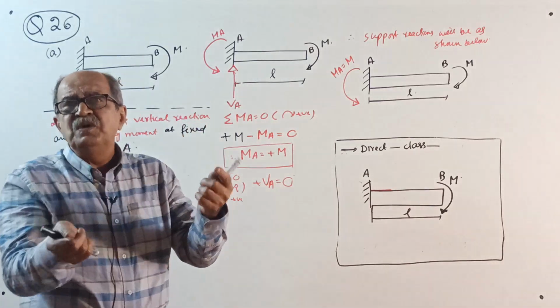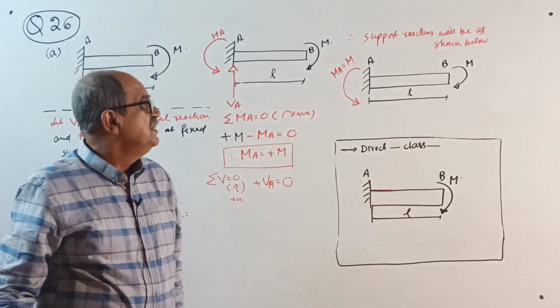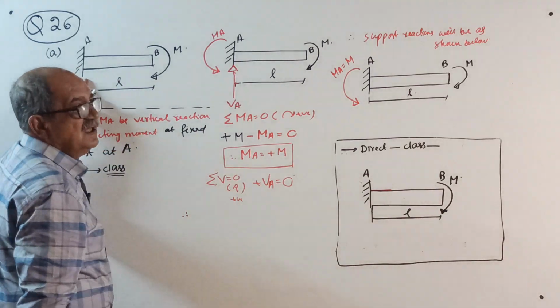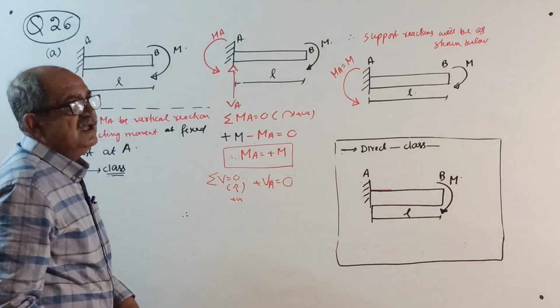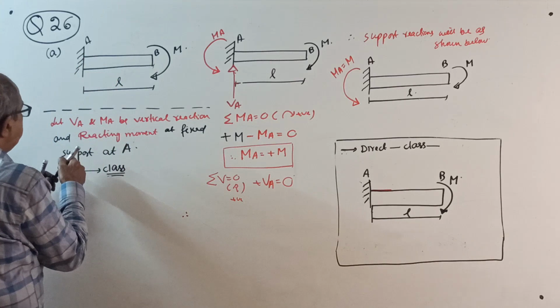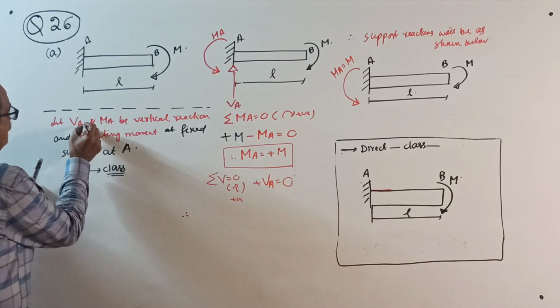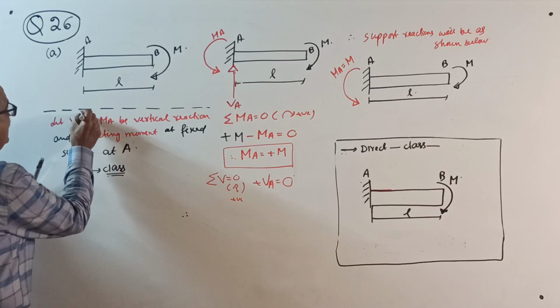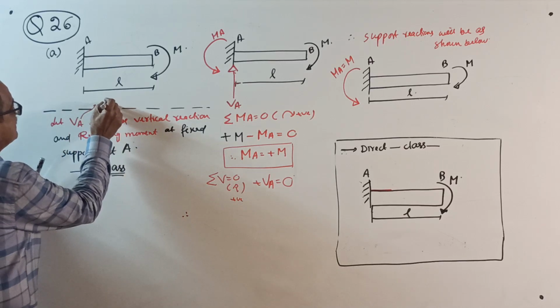Those two reactions will mutually balance each other. But only one support is there here, so a VA cannot be balanced. Anyway, we will assume VA to be upwards.